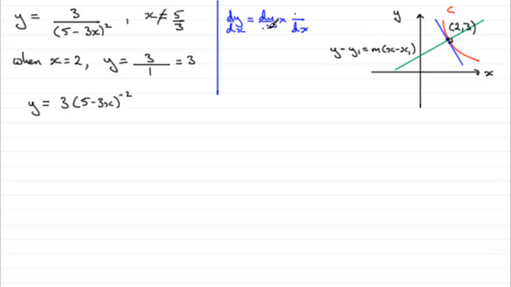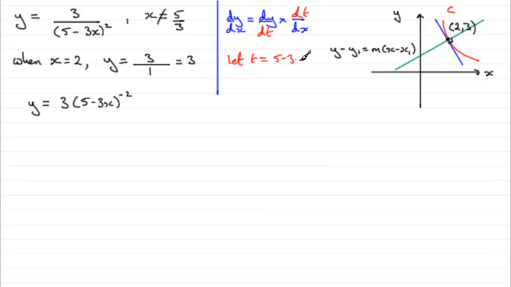We can introduce any dummy variable we like here, and I'm going to choose dt. You might see some teachers and authors use du for this, but I always go for dt. So in other words, I'm going to let t equal the 5 minus 3x.